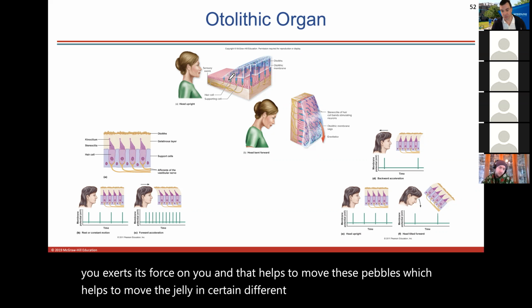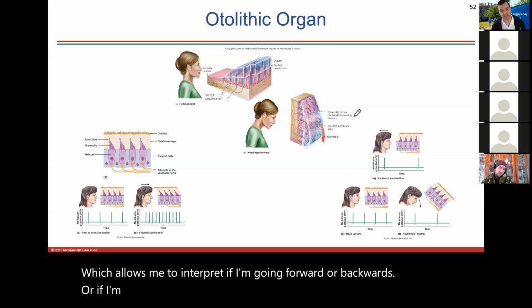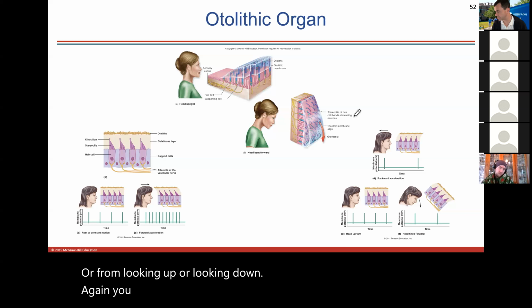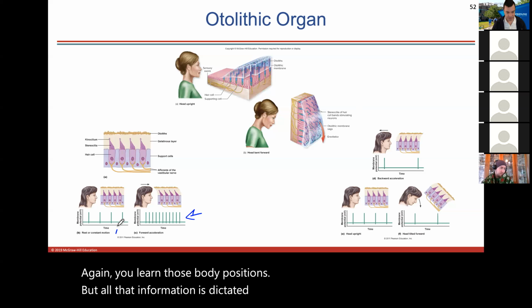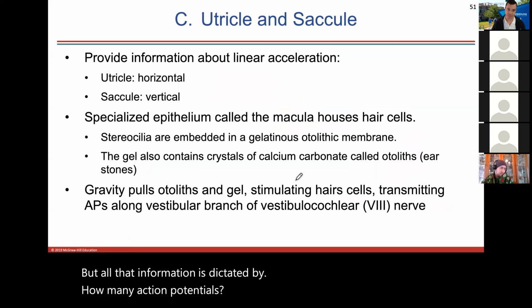That allows me to interpret if I'm going forward or backwards, or if I'm looking up or looking down. Again, you learn those body positions. But all that information is dictated by how many action potentials. Am I depolarizing it? Am I hyperpolarizing it?